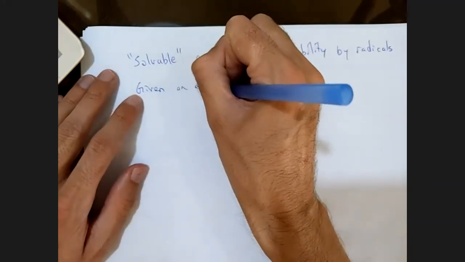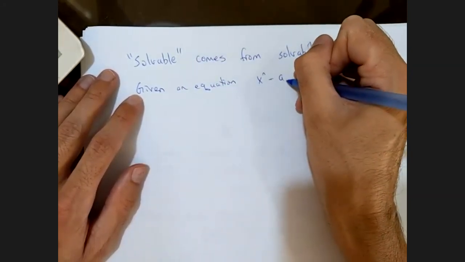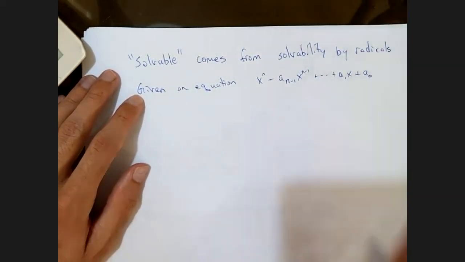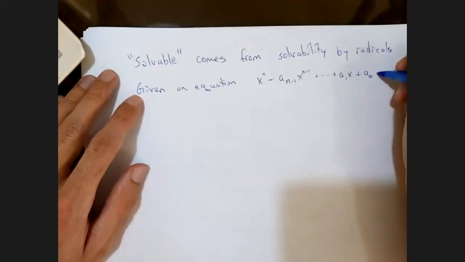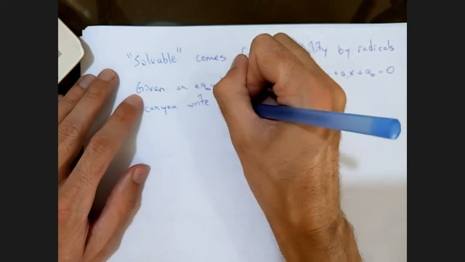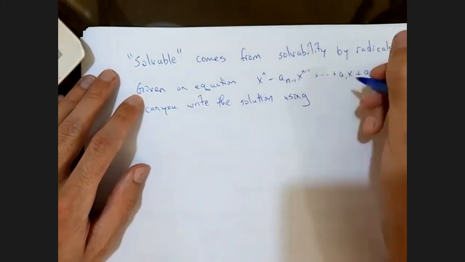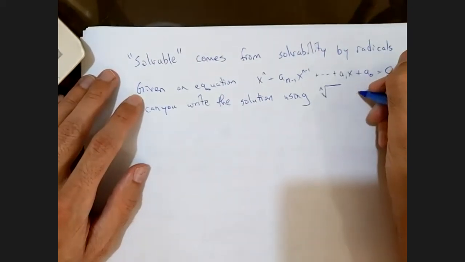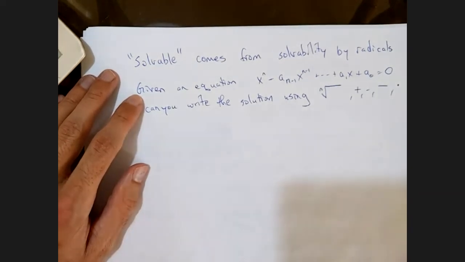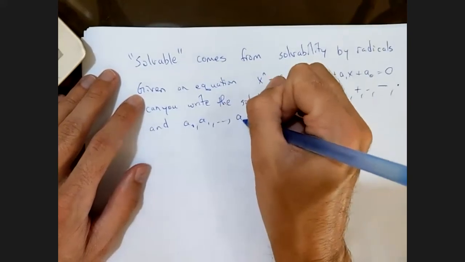Given an equation x to the n plus a_{n-1} x to the n minus 1 plus dot dot dot plus a1 x plus a0 equals 0, you write the solution using nth root signs, plus, minus, divide, times, and the coefficients a0, a1 to a_{n-1}.